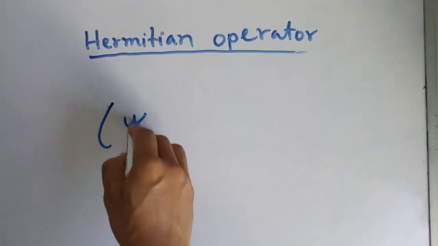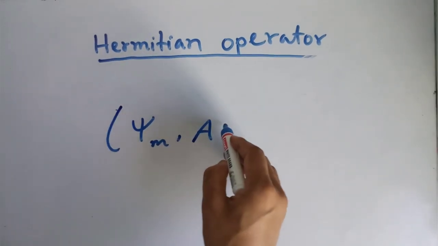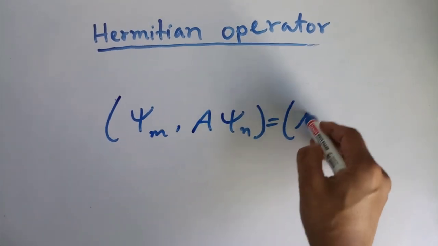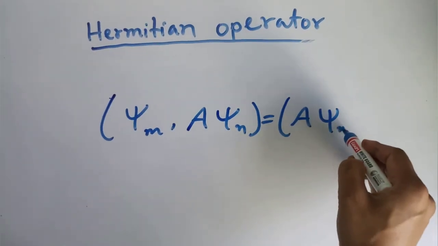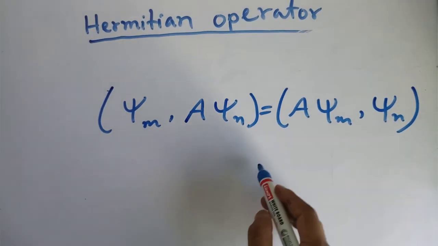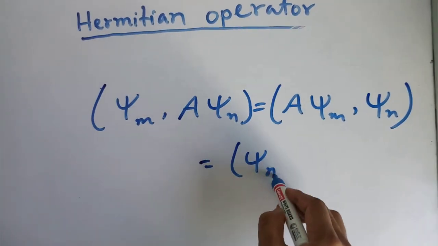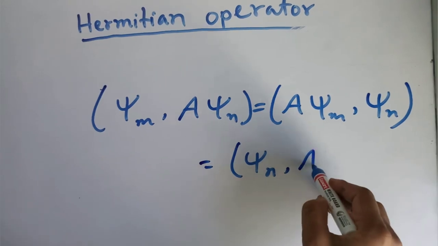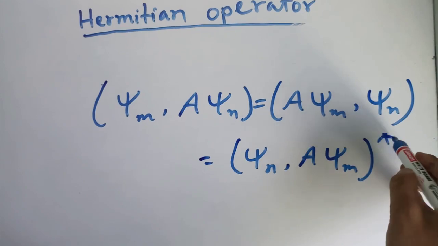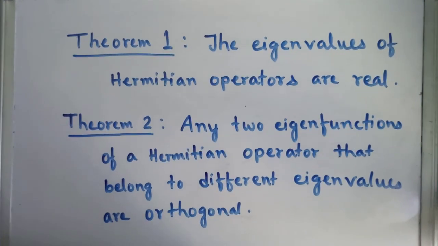That is, I have taken here this parenthesis: (psi m, A psi n) equal to (A psi m, psi n) and equal to (psi n, A psi m) star.